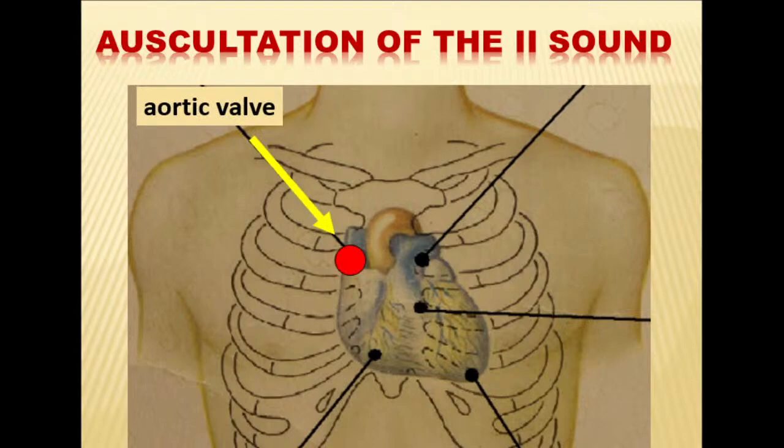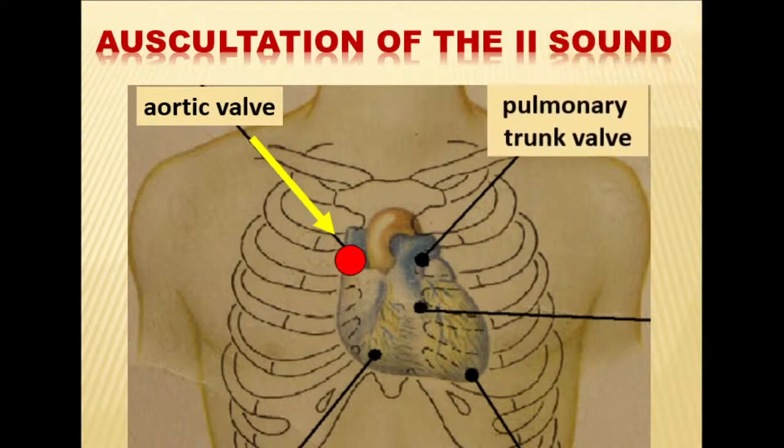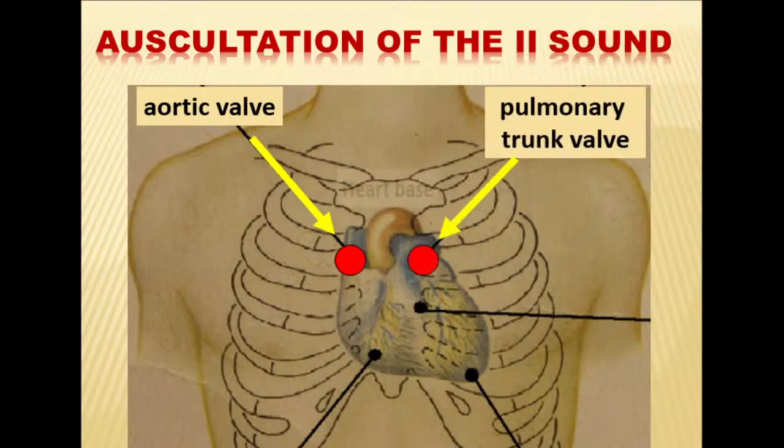There are the aorta and pulmonary trunk, second space to the right or left of the sternum. When we auscultate the heart base, or separately the aorta or pulmonary trunk, we pay attention to the intensity of the second sound and give only its characteristic.